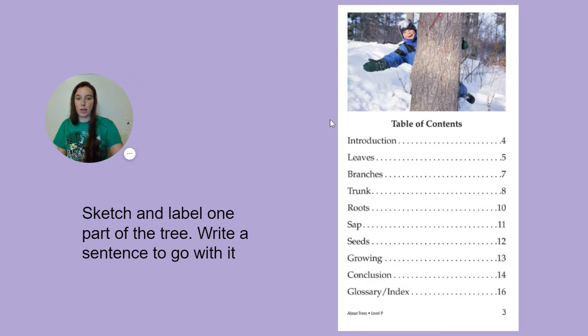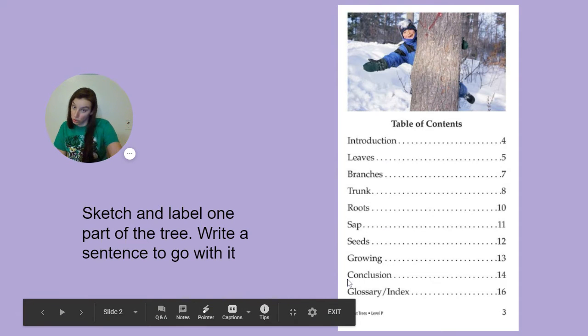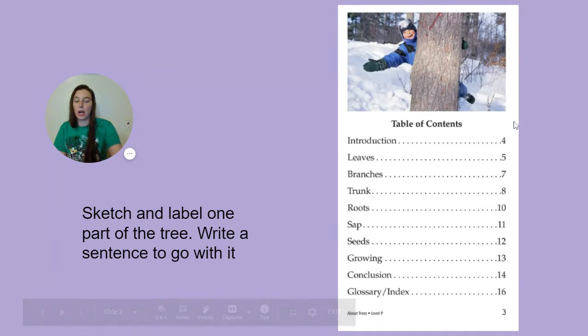You can see that over here it says introduction, leaves, branches, trunk, roots, sap, seeds, growing, the conclusion, which means the end, and the glossary. But on this side, it tells us what page number we can find those things on.